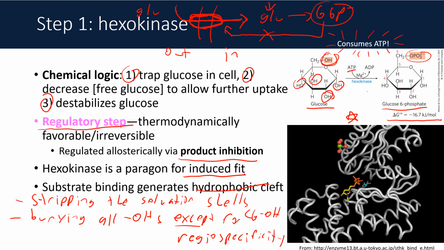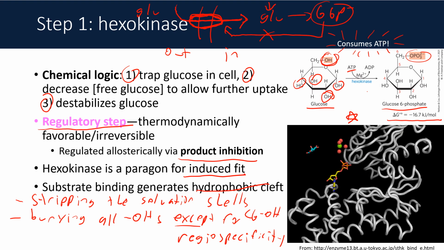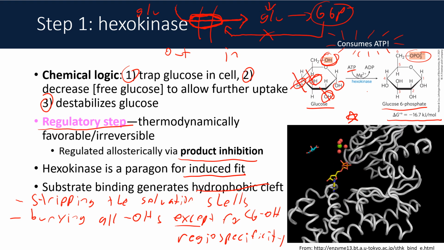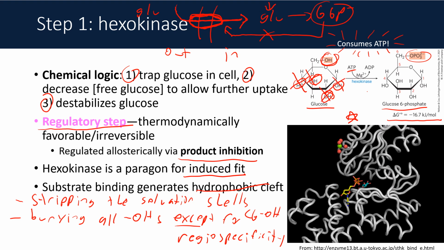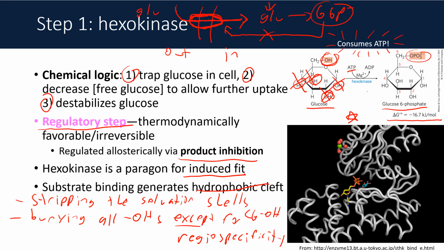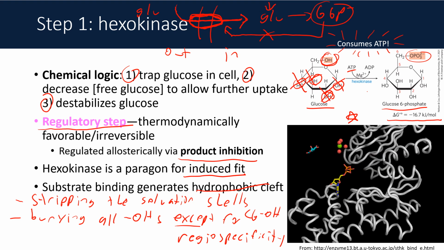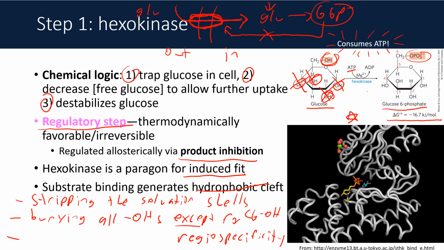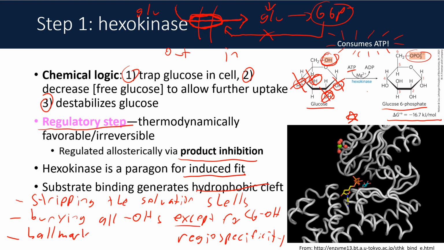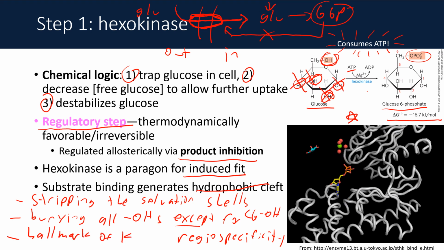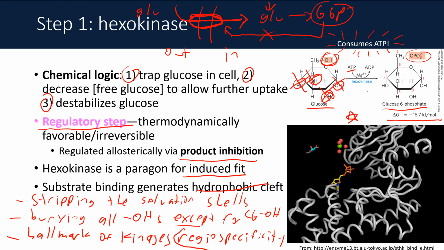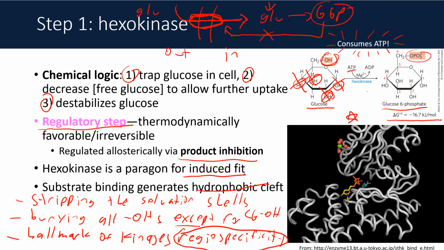They can be precise, with surgical precision. We're going to cover up every other nucleophilic hydroxyl except for the one we want to react. It's just beautiful. It is, in fact, considered to be a hallmark of kinases. Truly worth studying.